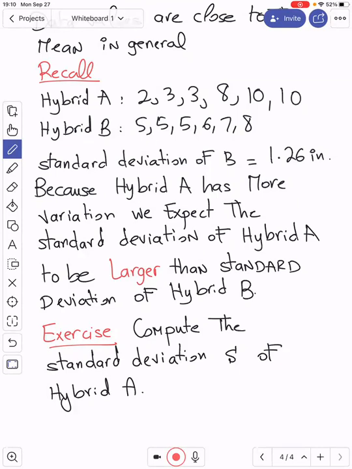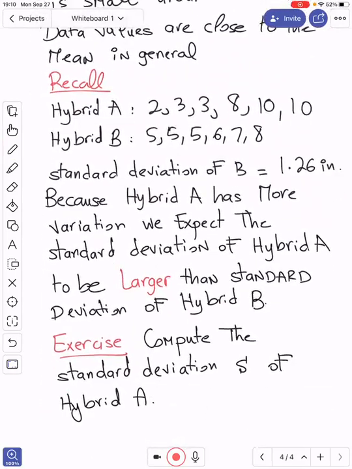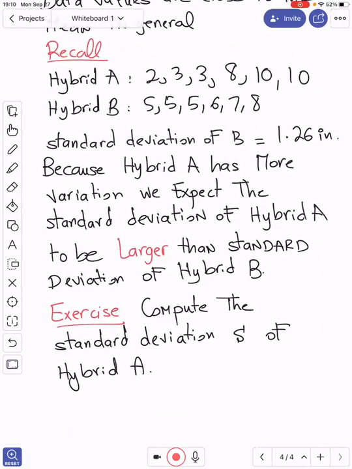All right, guys, I'm going to give you a couple of minutes to compute the standard deviation of hybrid A. You have the formula for the standard deviation, so just try to follow the steps and compute it.